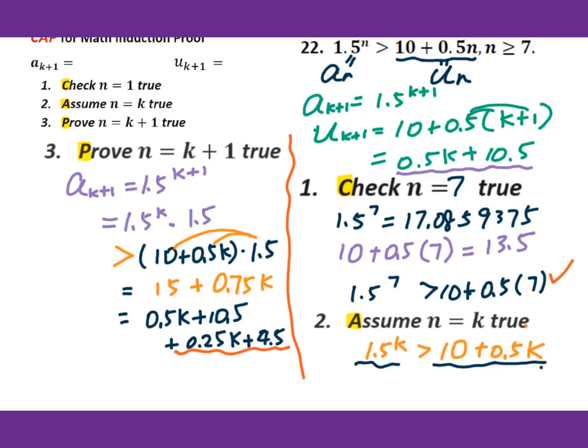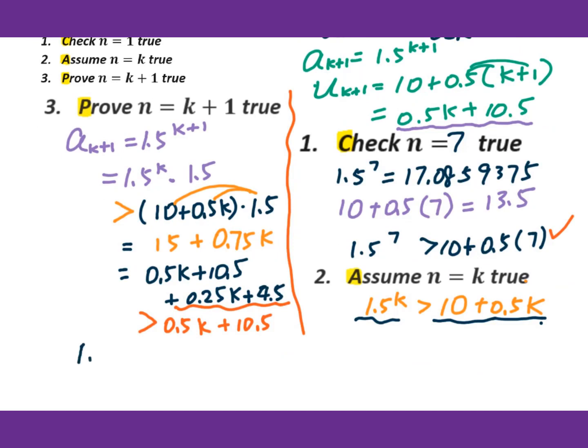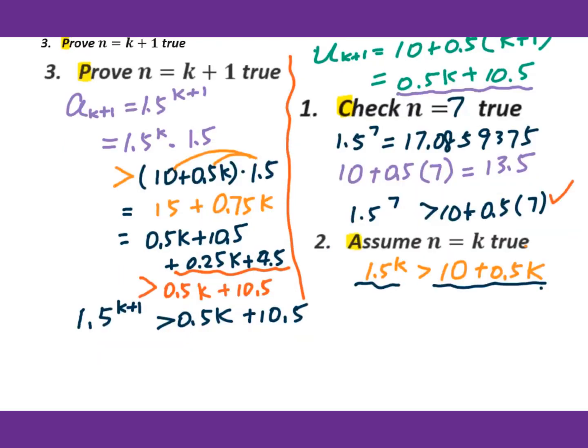Since this one is greater than 0, therefore it's greater than 0.5k plus 10.5, which means we prove 1.5 to the k plus 1's power is greater than 0.5k plus 10.5. So we can draw a conclusion that 1.5 to the nth power is greater than 10 plus 0.5n for n greater than or equal to 7.